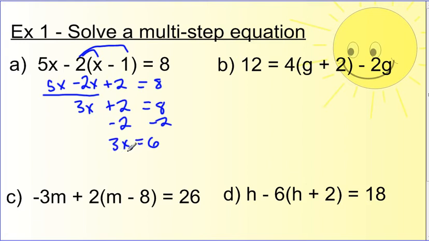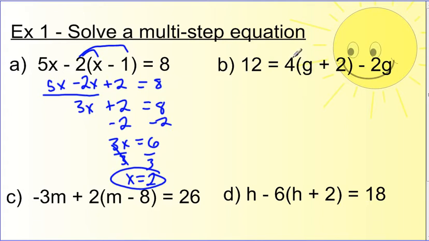And get rid of multiplies and divides. Divide by 3, divide by 3. These cancel. X equals 2. So that was 4 steps, I believe. Parentheses, combine like terms, add and subtract, multiply and divide. Yeah, that was 4 steps. Not terribly hard, though.